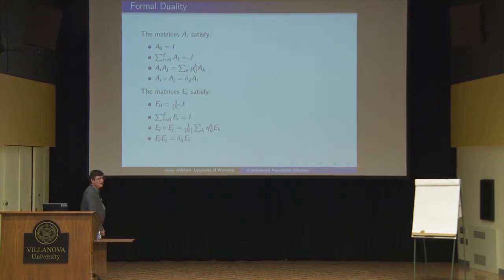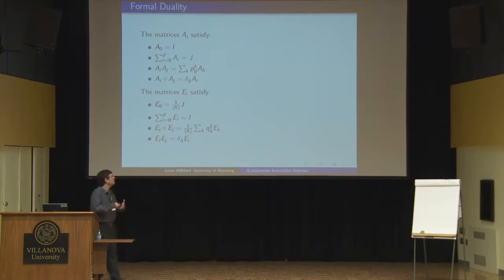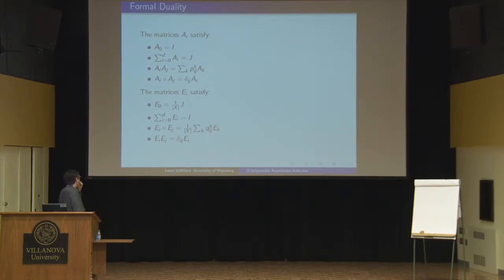So there is a formal duality between the matrix multiplication and Schur multiplication and these AIs and these EIs. Now, there is an actual duality that's possible, but for most of the things I look at, it's more the exception than the rule, so I'm not going to really dwell on it, but you just need an abelian group of automorphisms acting regularly on the scheme, and then you can actually dualize.